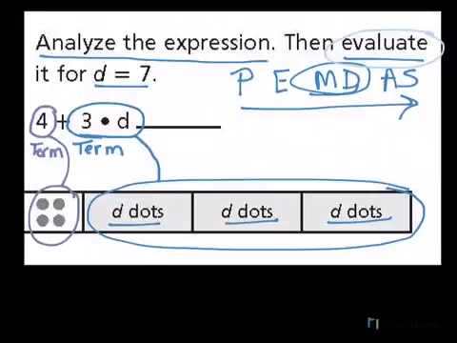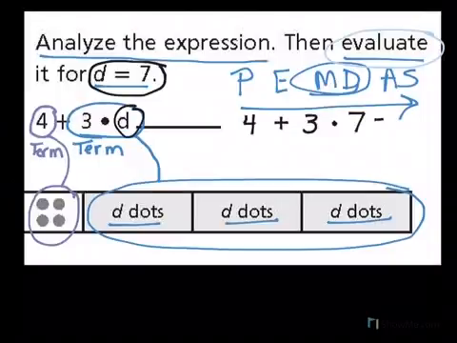To do that, I'm going to first rewrite it, filling in every D with 7. So I have 4 plus 3 times, here's a D. I'm going to put 7. So first I rewrote it with the variable.